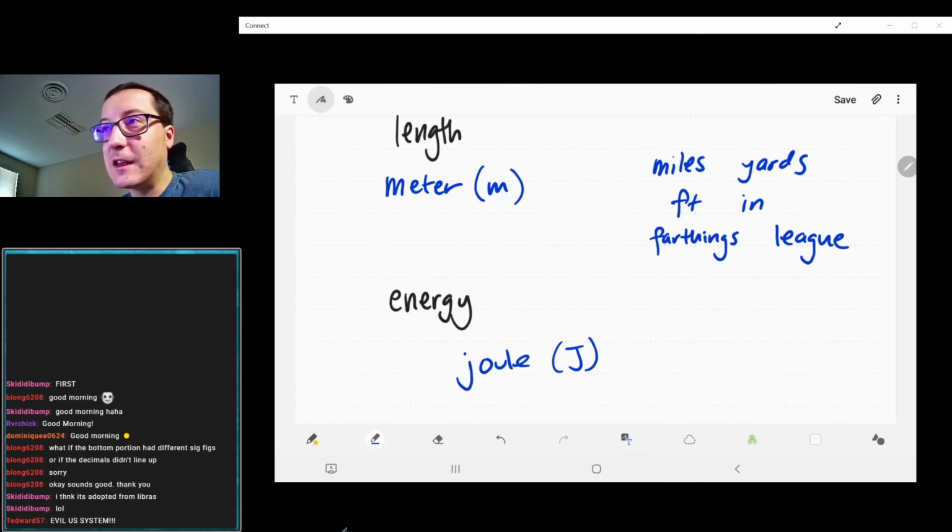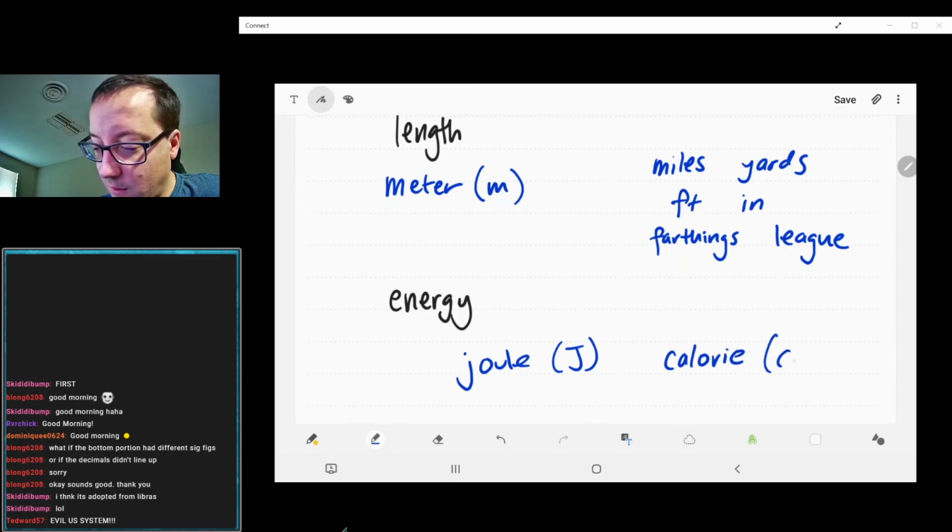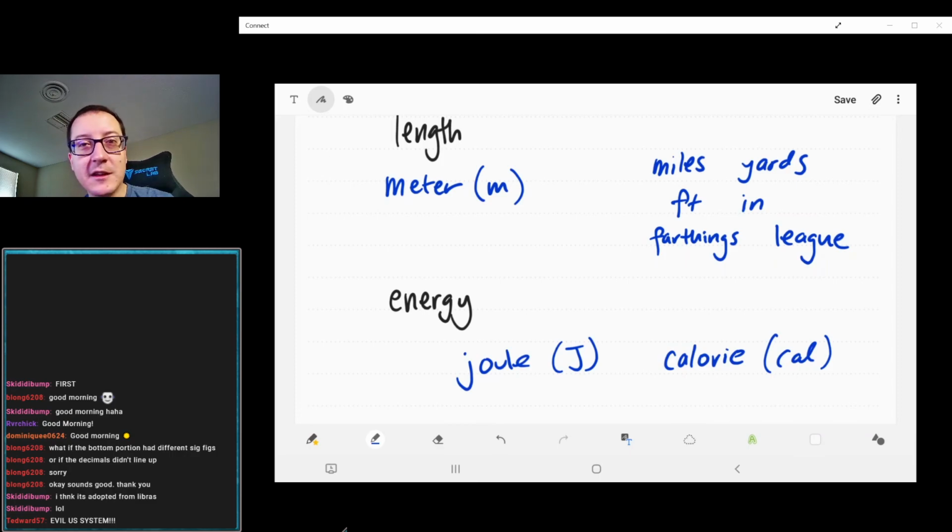Capital J is what that unit is. And then we also have the calorie, which is abbreviated cal. So if you, for example, take a look at your nutrition label on the back of your whatever, you're going to see a lot of these units.